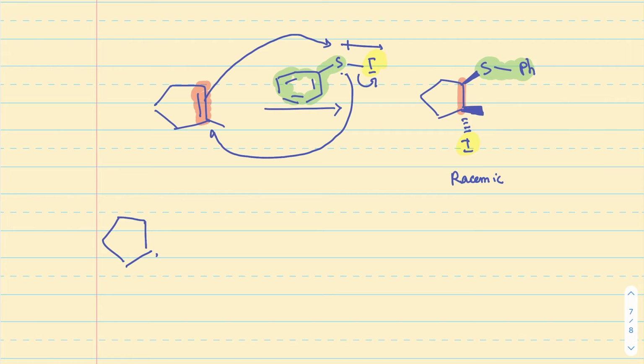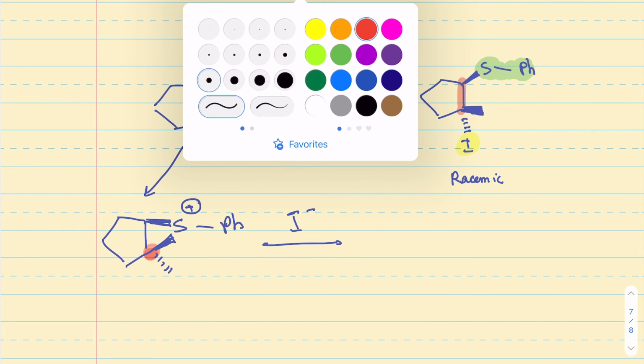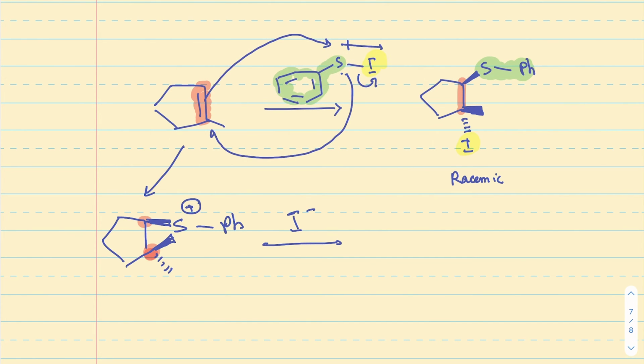So I have a methyl here, I have my sulfur atom right here, I have phenyl, and this thing is charged. And whenever we have something like this, a three-membered ring that is charged, when the nucleophile, which is iodine in this case, or rather, iodide, comes in, that is going to attack the more substituted carbon of that three-membered ring, because the more substituted side is going to have more positive charge on it, because it resembles the more stable carbocation.